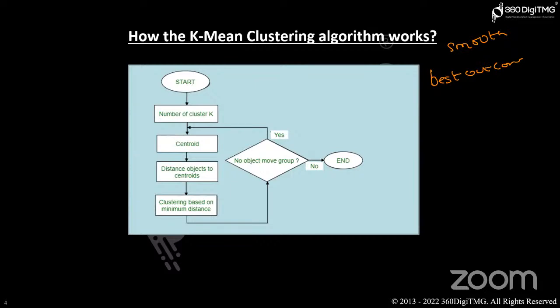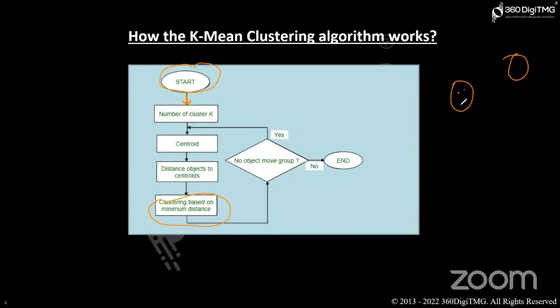So here, if you see, this is how your k-means clustering algorithm works. It starts with the number of clusters, which you have to define before it. The centroid value is chosen, and the distance between the objects and the centroid is calculated. Clustering is based on the minimum distance.